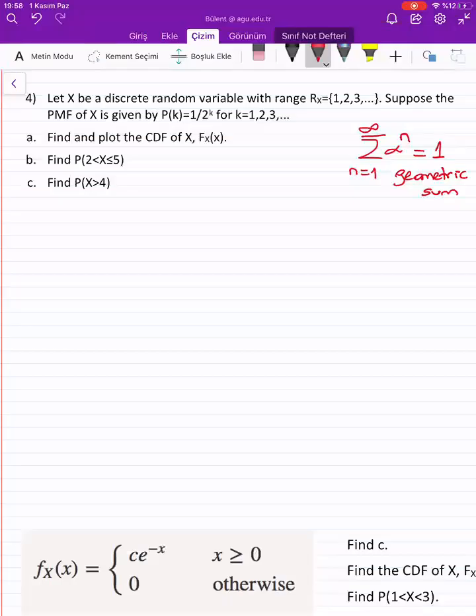Evet arkadaşlar, in the last session we had in the class, we were talking about random variables and especially discrete random variables, the probability mass function of random variables, and the cumulative distribution function of random variables, right?